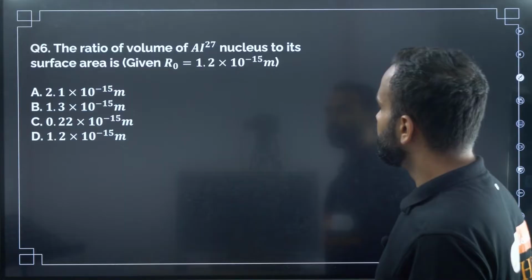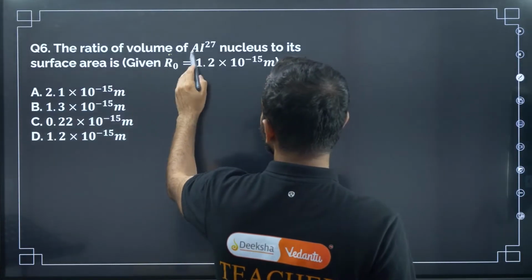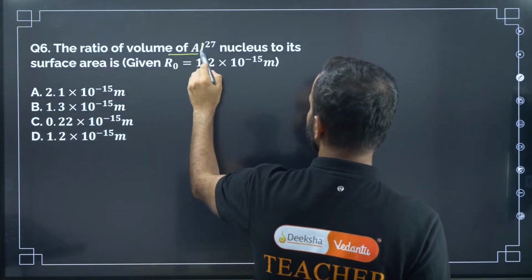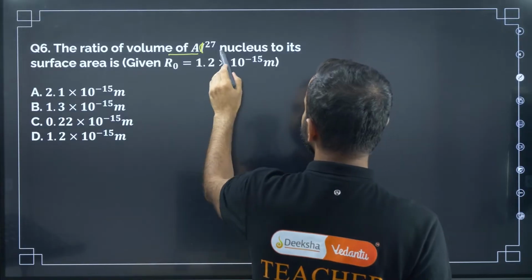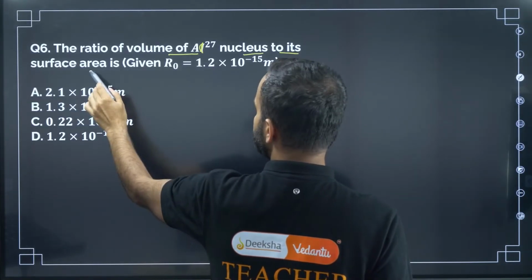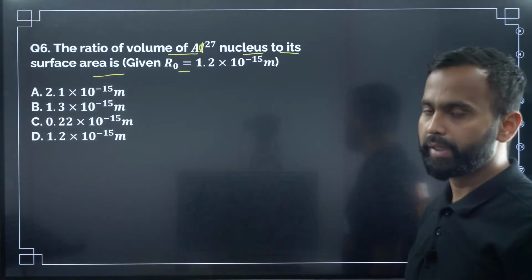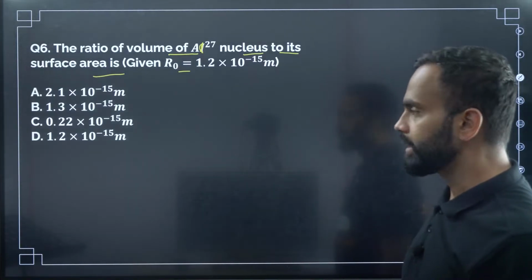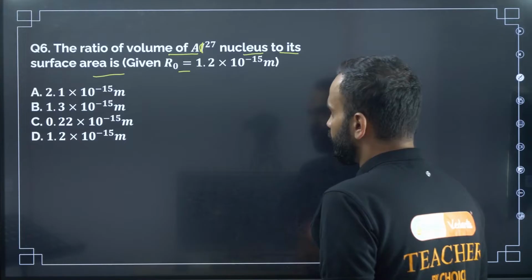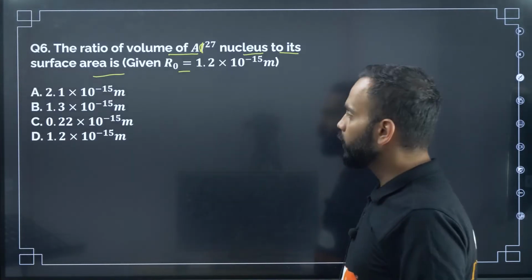Next question, question number 6. The ratio of volume of aluminium, this is aluminium, not AI, okay, aluminium 27 nucleus to its surface area is given R naught equal to 1.2 into 10 to the power minus 15 meter, right? Okay, what is the volume of the aluminium nucleus?